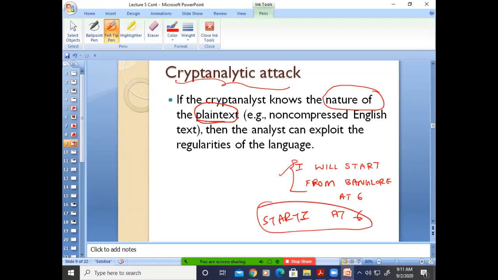So if it is not compressed English, then the analyst can exploit the regularities of the language.